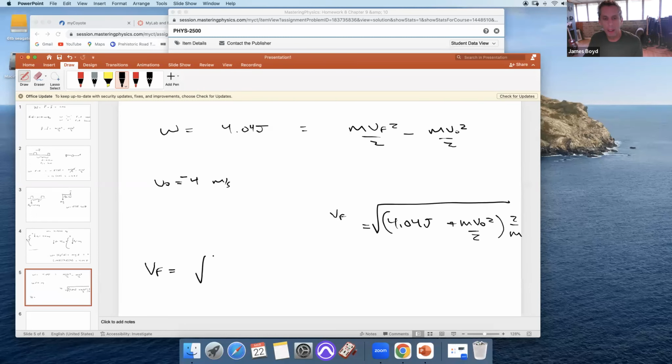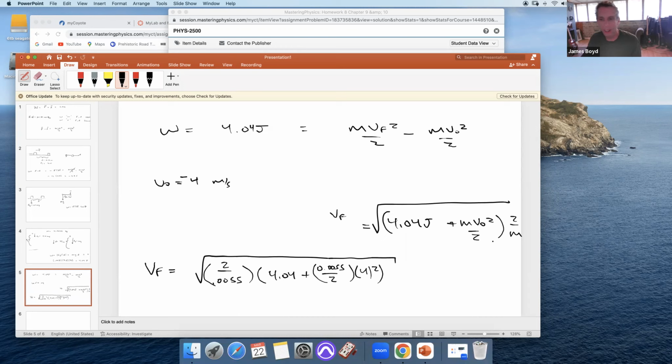V final will be 2 over 0.0055, 2 over the mass, times 4.04 plus 0.0055 over 2 times 4 squared. Now, you could actually clean this up a little bit more if you wanted, and you would get 2 over m times 4.04 plus the initial squared.